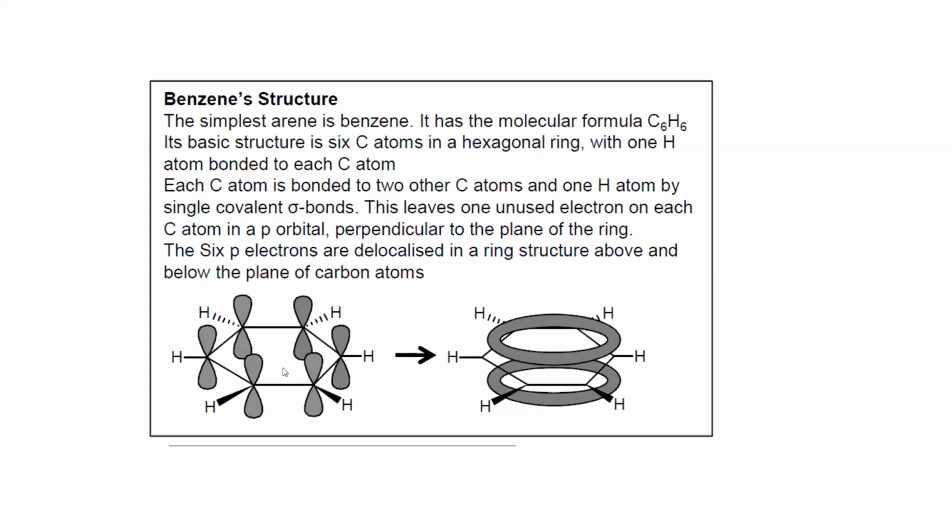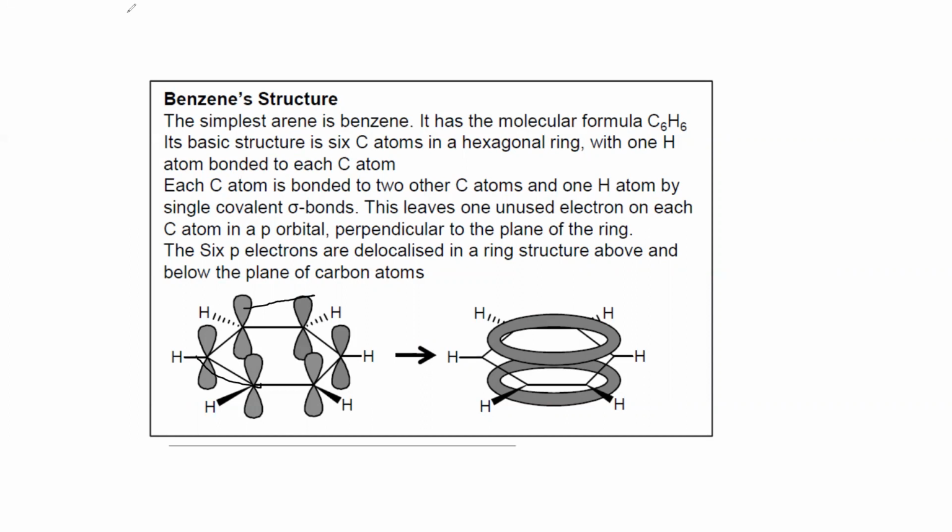You can see the sigma bonds, and the p orbitals cannot overlap head-on with each other, so they form a pi bond with each other. This leaves an unused electron from each carbon atom in a p orbital, perpendicular to the plane of the ring. The 6 p electrons are delocalized in a ring structure above and below the plane of the carbons.